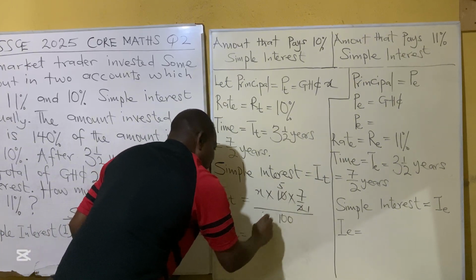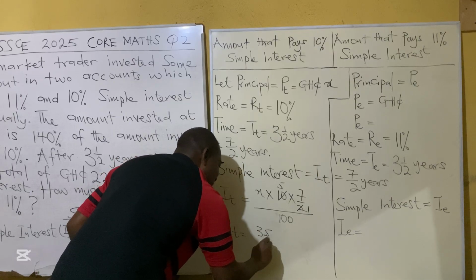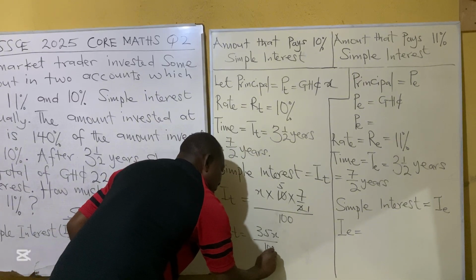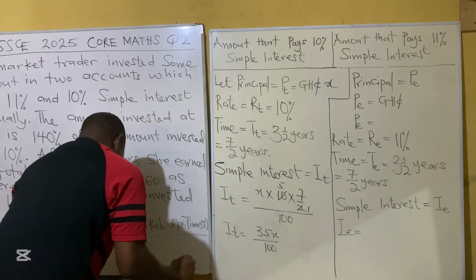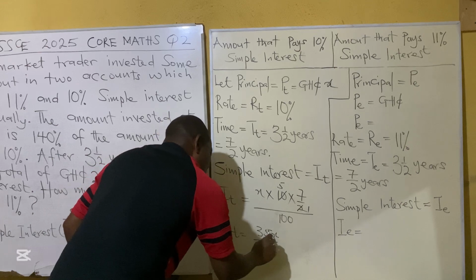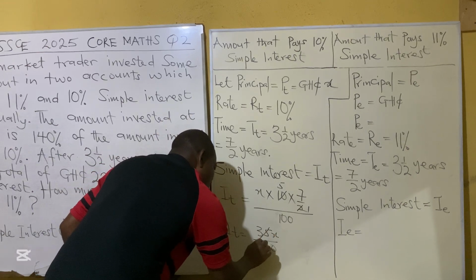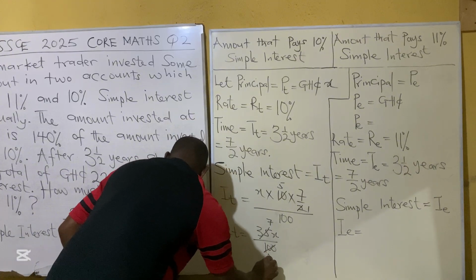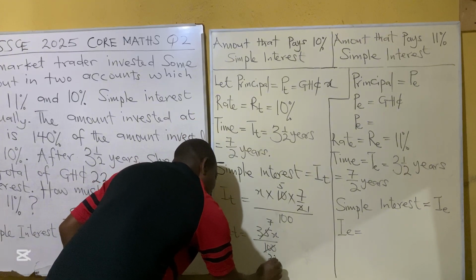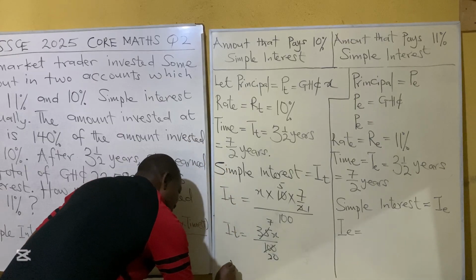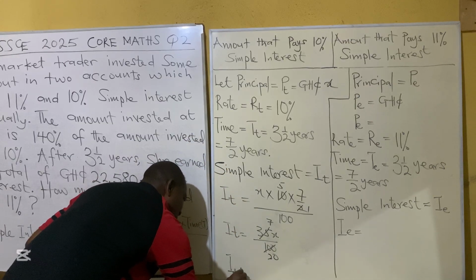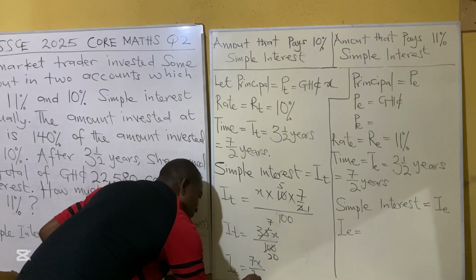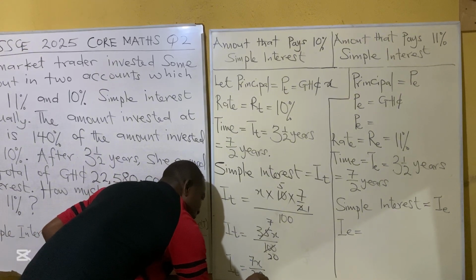So it's going to be 5, 7, 35x over 100. So 5 goes into 35, 7. 5 goes into 100, 20. So the simple interest here is equal to 7x over 20.